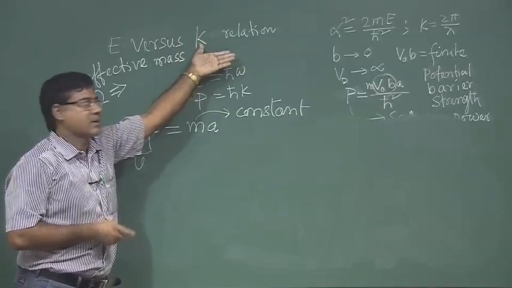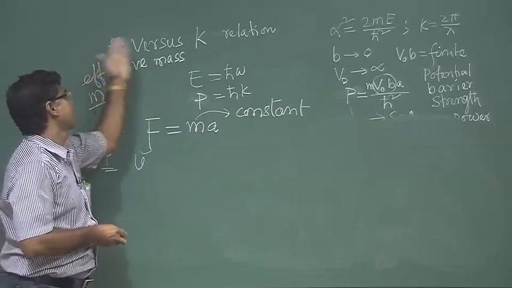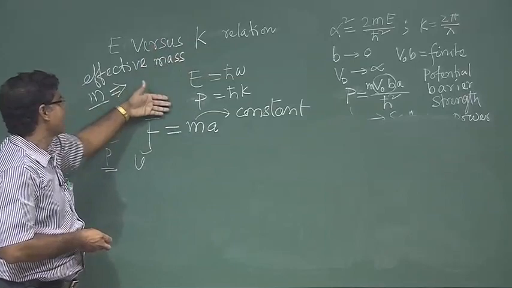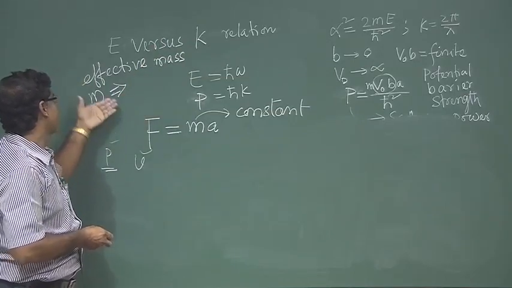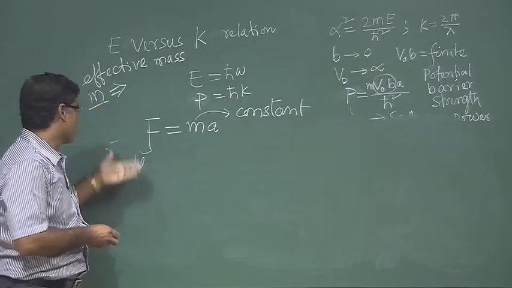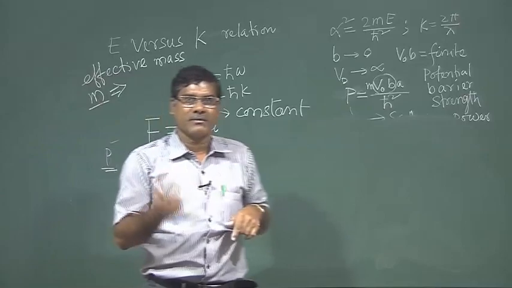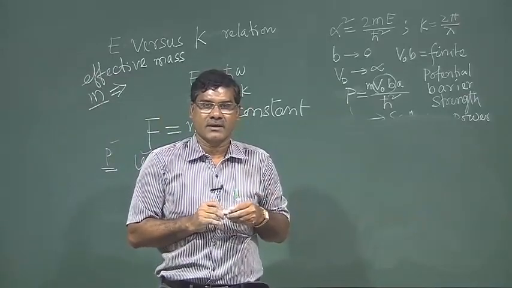That is why the E versus k relation is very important. First we have to find this relation, and then we can answer what the mass, momentum and velocity are in a crystal. I will discuss those things in the next class. So, thank you for your attention.